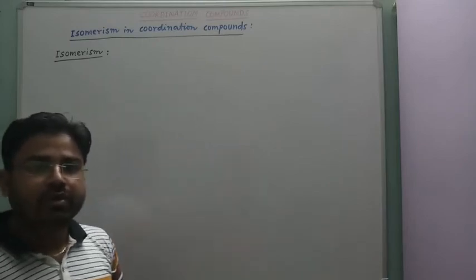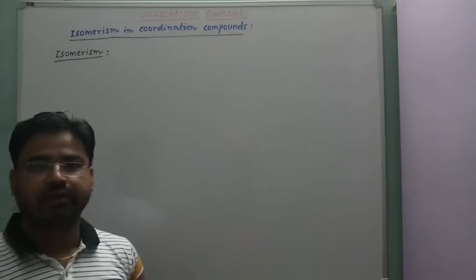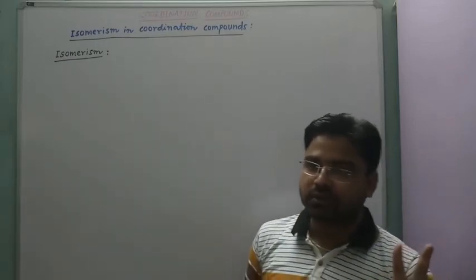The coordination compounds show mainly two types of isomerism. So what are the two types?